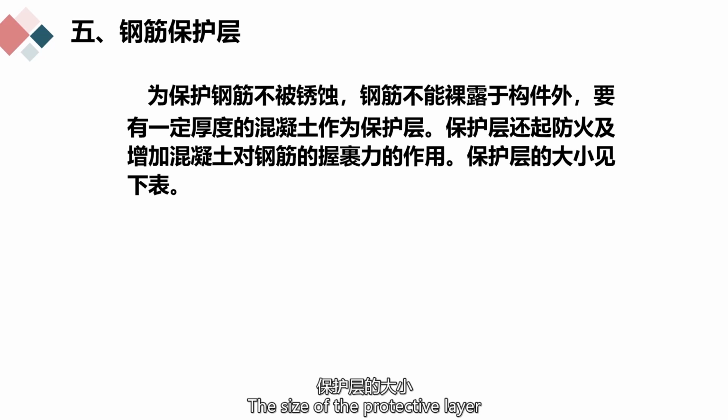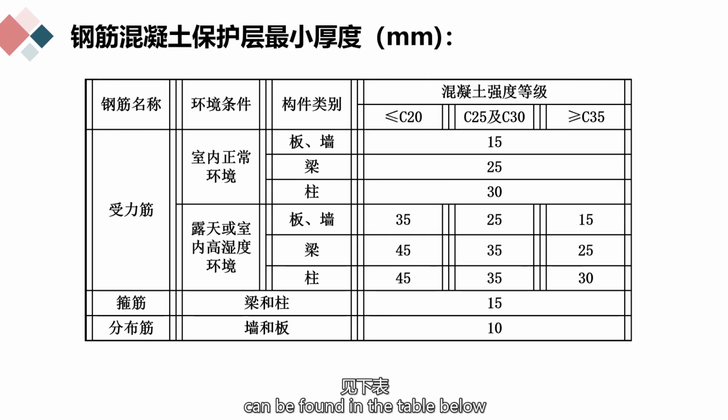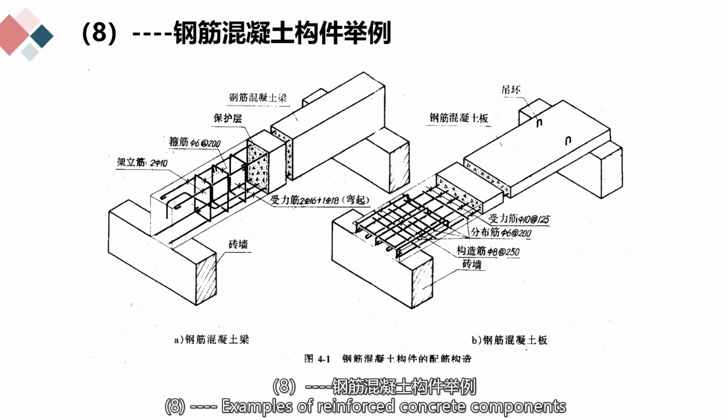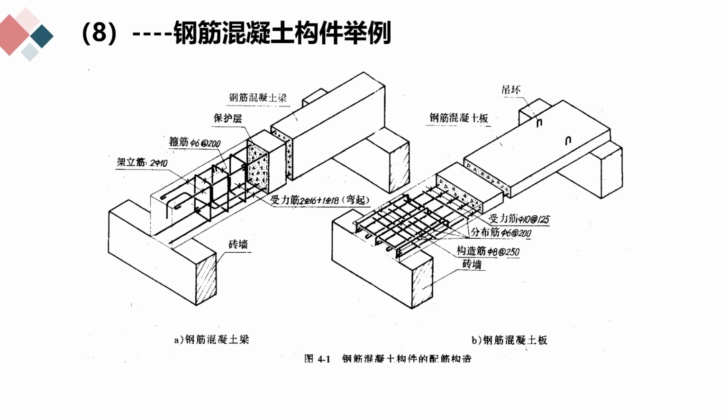The size of the protective layer can be found in the table below. The minimum thickness of the protective layer for reinforced concrete is associated with environmental conditions, component categories, and concrete strength grades.